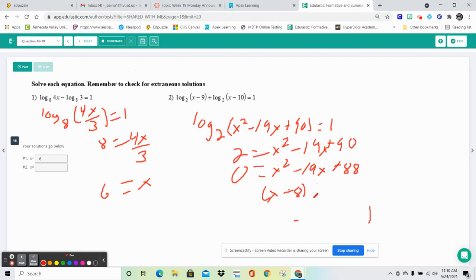So my answers are 8 and 11. And then 8 does not work, because when you plug in 8 back into the original problem, 8 minus 9 is -1, so you can't do a log of a negative. So the only answer that works is 11.